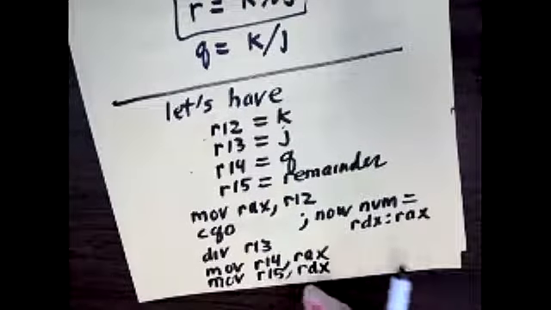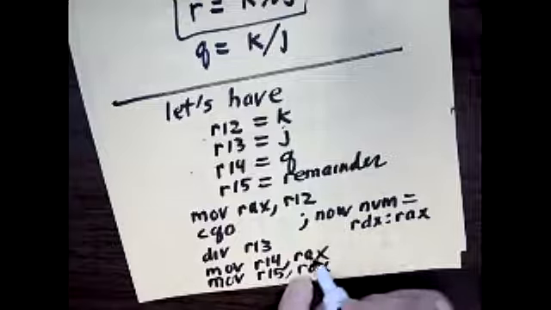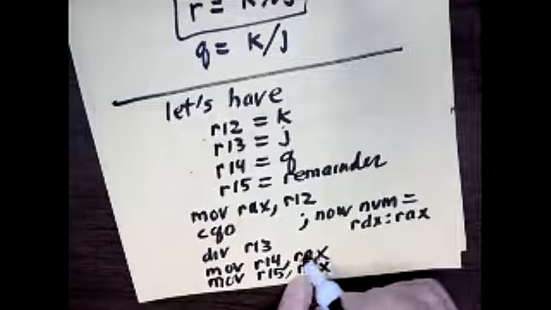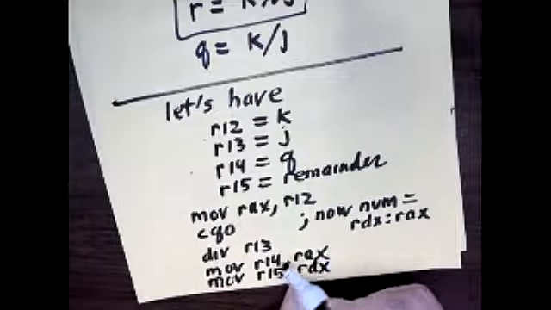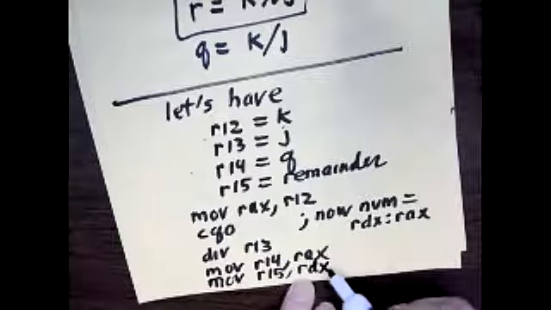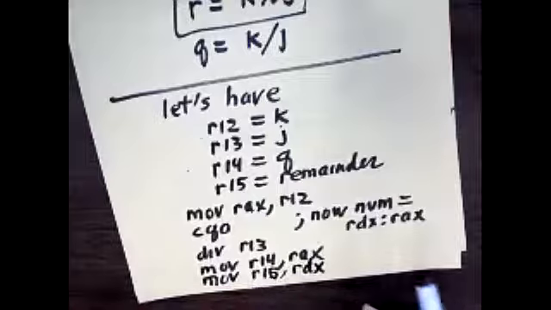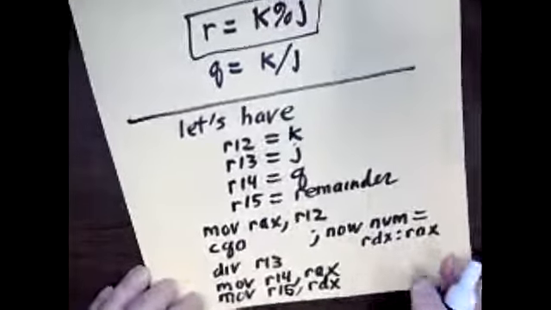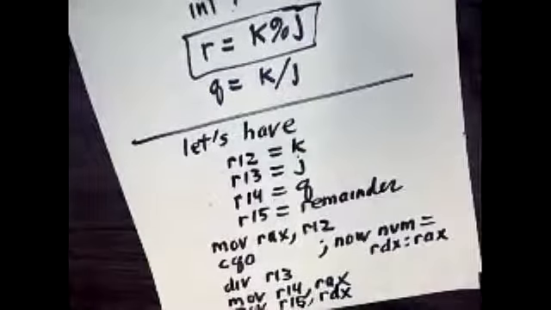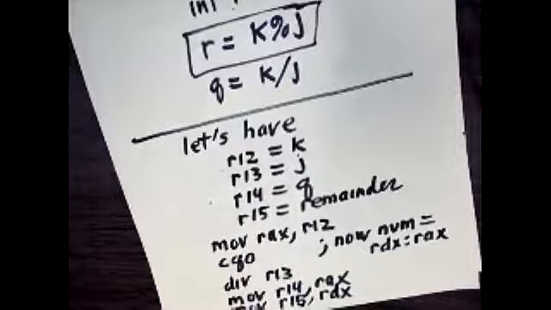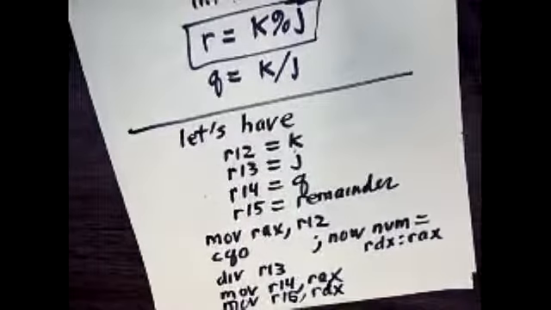It puts the quotient in RAX, but you move it someplace safer. It puts the remainder in RDX and you move it someplace safer, like R15. That's how integer division works. It has these two aspects, quotient and remainder.